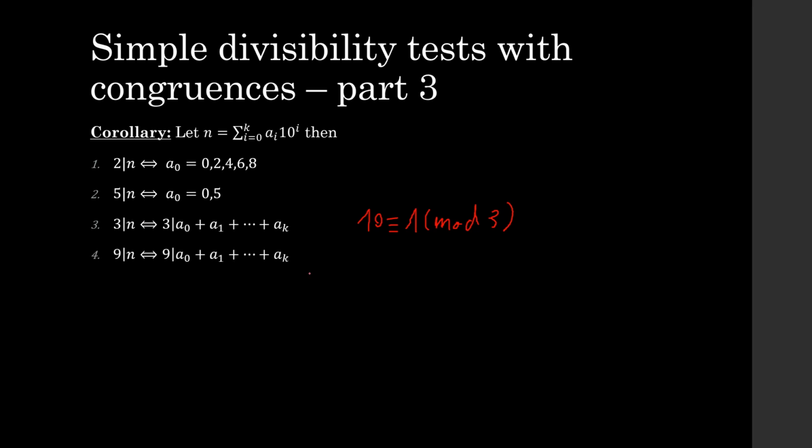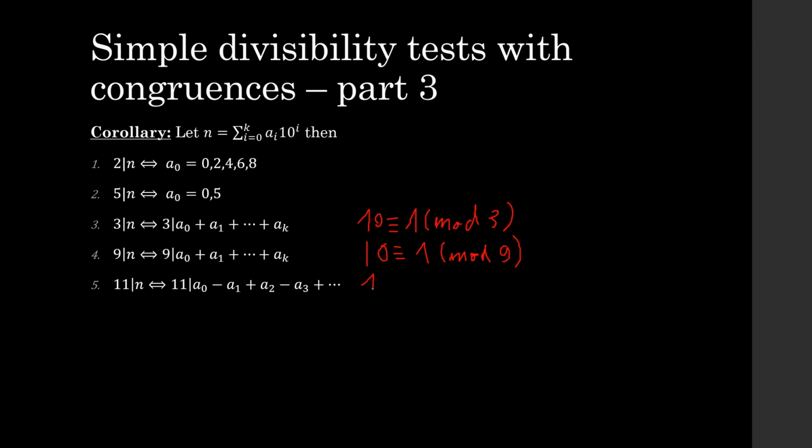And what about 9 divides n? Well, it's the same thing. 10 is congruent to 1 mod 9. And so we get exactly the same result as here. And then we can get a nice one for the other one, and that's 11. So, you might have already heard about the 3 and the 9 tests, but the 11 test is less well known.